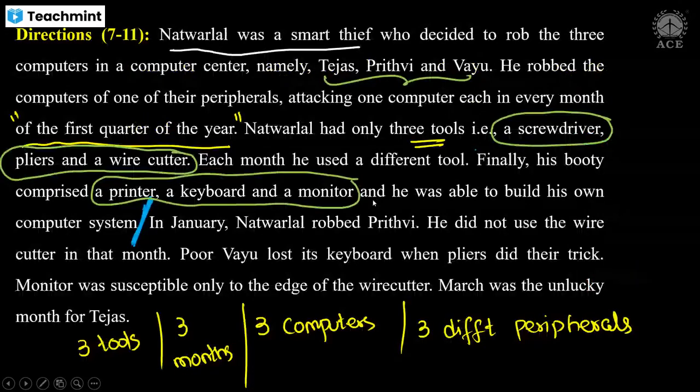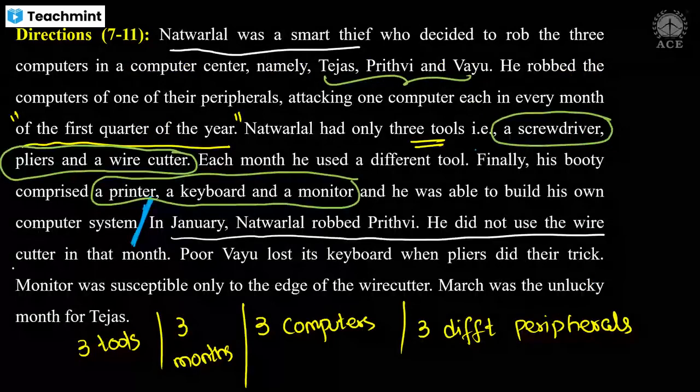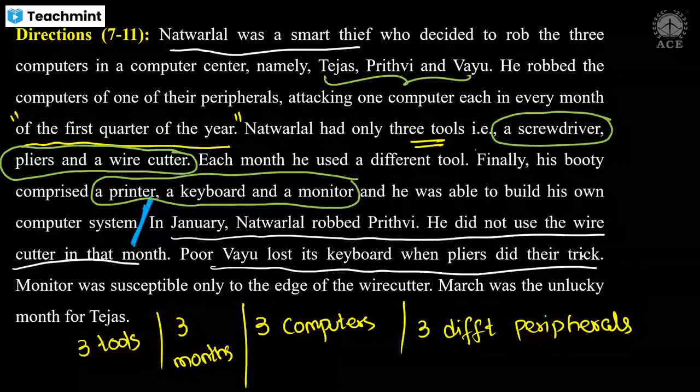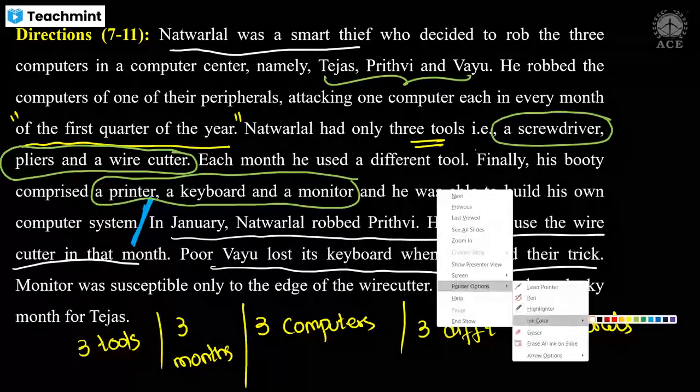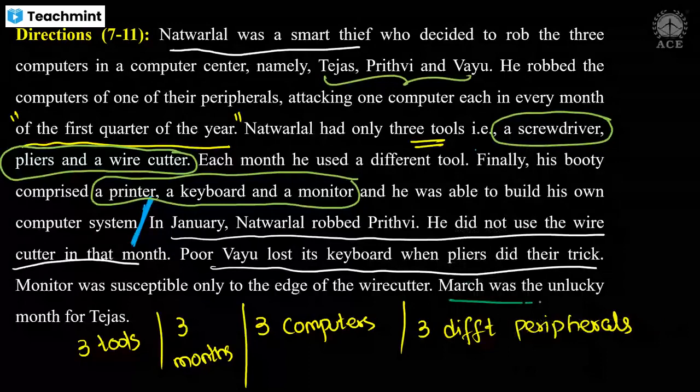Okay, this is completed. Next, poor Vayu lost its keyboard when Players did this trick. Now see, the month is not mentioned, but Vayu lost the keyboard, and the tool used is pliers. And sir, what about the month? See, there is one clue. Vayu, which month we don't know. But if we keep on moving, March was unlucky for Tejas.